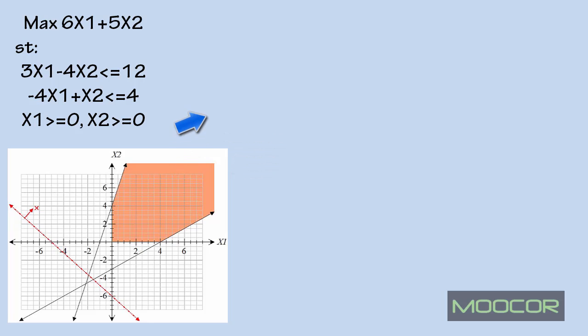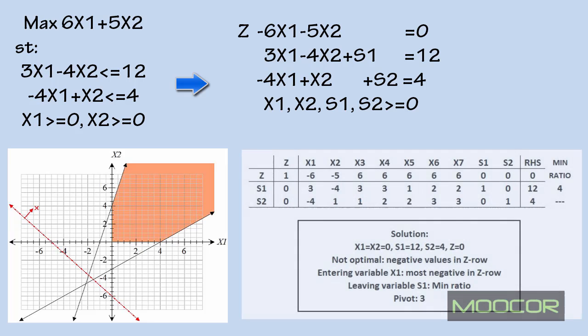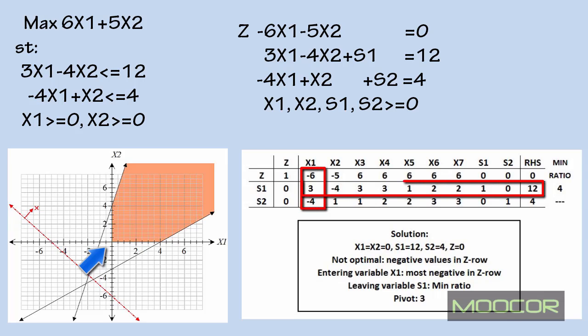I have written the problem in standard form, identifying the basic variables, starting again at x1 = x2 = 0, identifying x1 as an entering variable and identifying s1 as a leaving variable. We will perform one iteration of the simplex method.